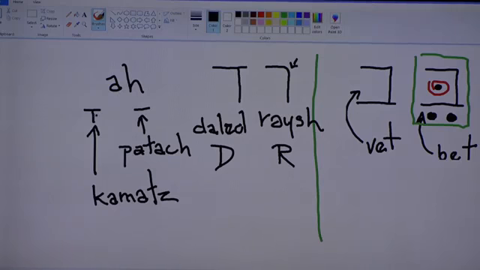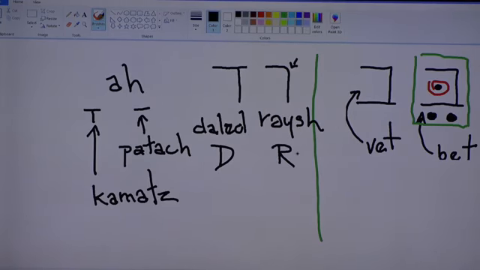So one of these vowels under a resh is ra. Under a dalet is da. By the way, in Hebrew there is no ah sound. So the word Adonai does not exist. It's actually Adonai. So we can combine, okay, we got this.